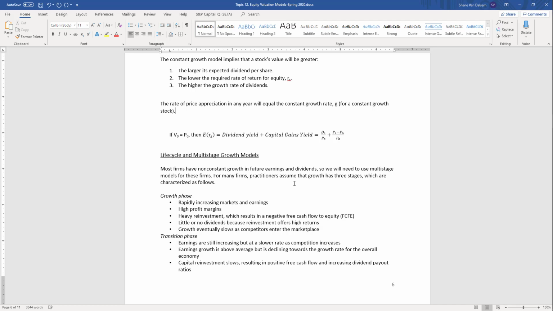I hope that makes sense. And so what that gets back to is this idea that the growth in the constant growth tends to decline down to population growth and the rate of inflation, which is roughly the change in GDP, unless the technological advances allow us to become much more productive. So those are some things to keep in mind there.